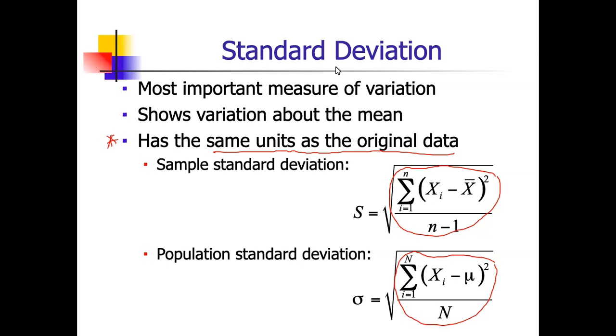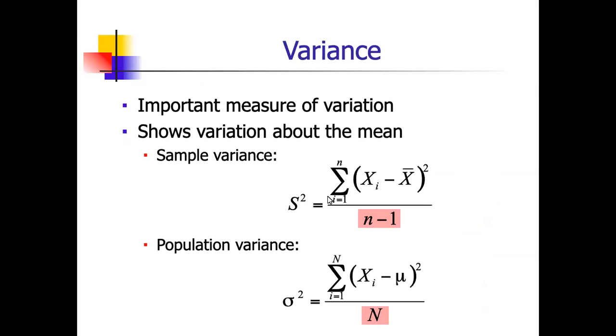Going back to our example, if our original data is in inches and I use the variance to interpret my data, then the unit will be expressed in inches squared, because the variance is squared deviations from the mean.